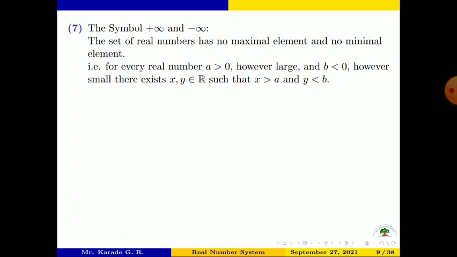It means if I take a very small real number, we can find a real number which is smaller than that real number. And if I take a very big real number, then we can find a real number which is bigger than that real number. So there is no upper limit and no lower limit for the set of real numbers.